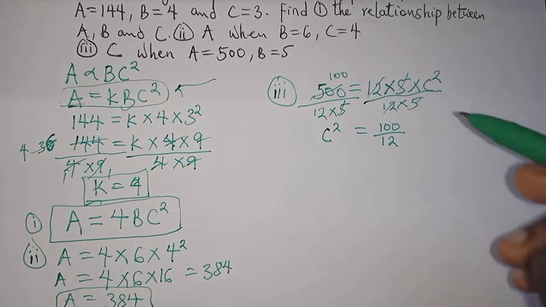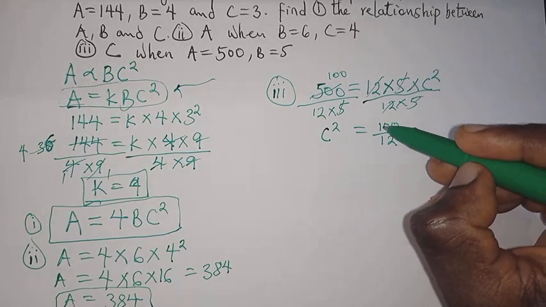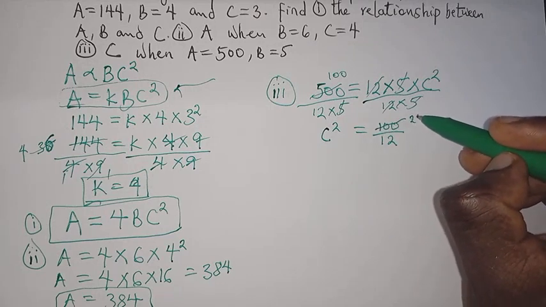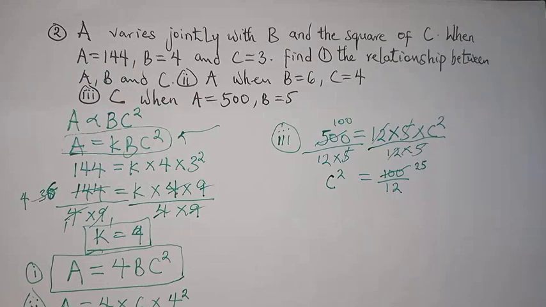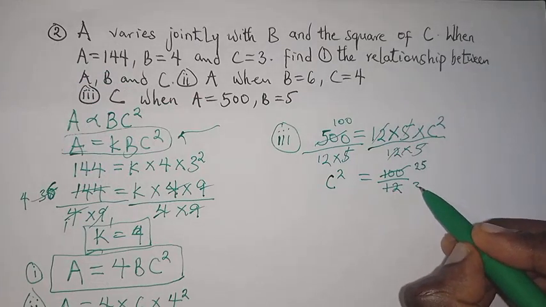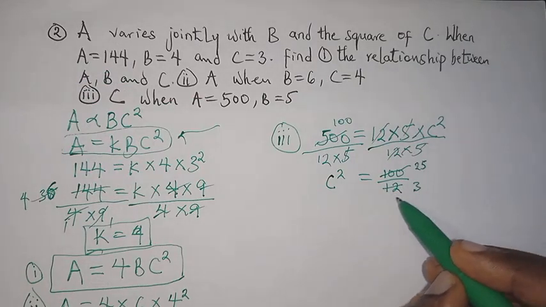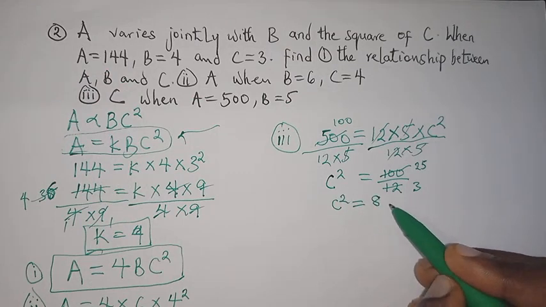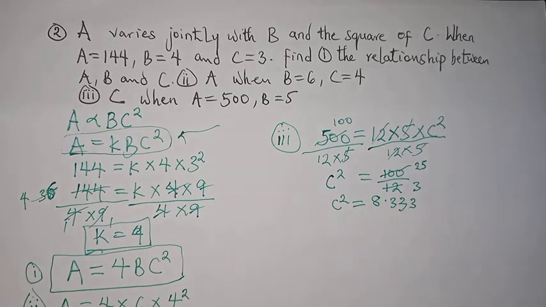Now, we need to get the value for C. Okay, let me break this down further. 4 here is 25, 4 here is 1. So C squared is 25.